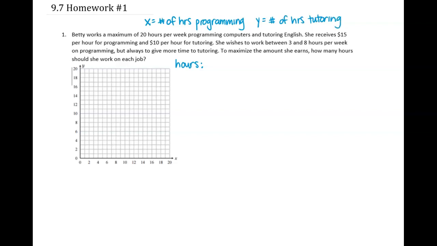Then we know that the total hours, or x plus y, must be less than or equal to 20 because Betty can't work more than 20. She can work up to 20.